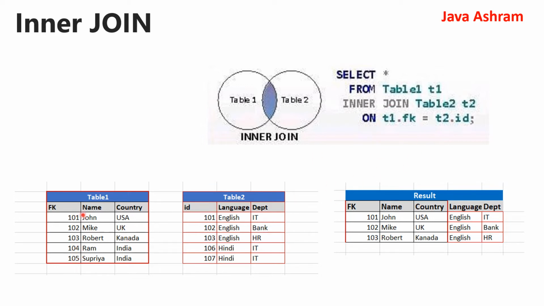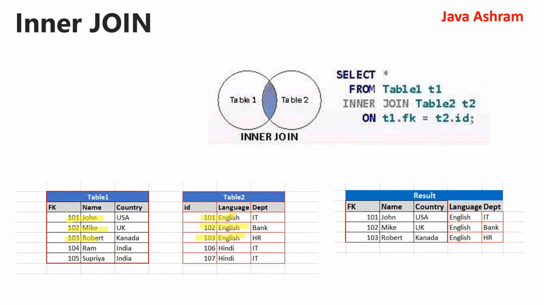So if you see here 102, 103, 104, 105 and 102, 103, 6, 7, only these are common, right? If you see here 101, 102, 103, and in this table 101, 102, 103, these rows of data are common.